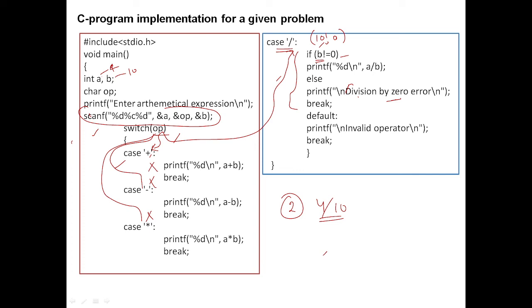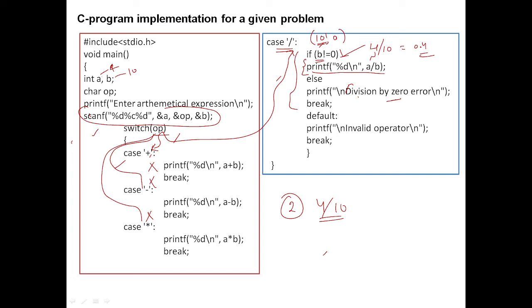Since the value of B is 10, 10 is not equal to 0. This condition is satisfied, so the content of the if block will be executed. So 4 divided by 10, where A is 4 and B is 10, and 0.4 will be displayed on the screen.